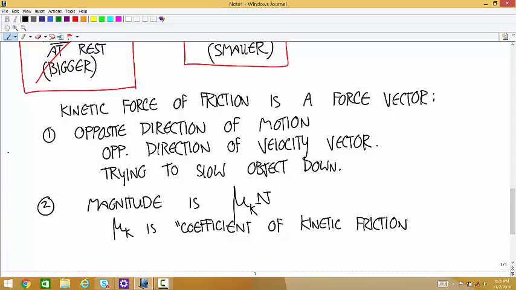For every pair of objects, it's different. And you can just look it up for two objects, two materials that are in contact.